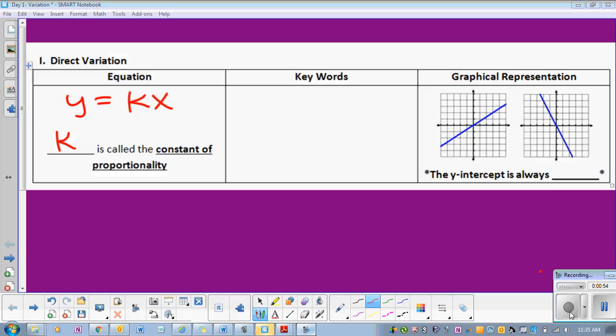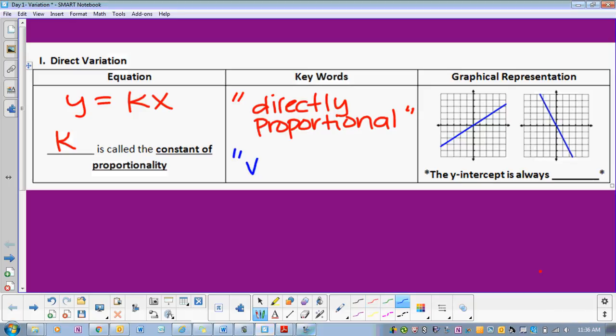How do I know if I get a word problem that I'm talking about direct variation? Well, you would see something like, what does that say? Directly proportional. Yep. Directly proportional.